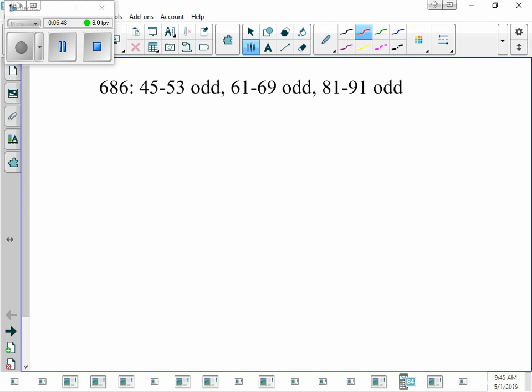So for number 61, I want to know what is the sine of negative 22.5. Well, is there an angle that I know that I can cut in half and get 22.5? What angle can I cut in half and get negative 22.5?